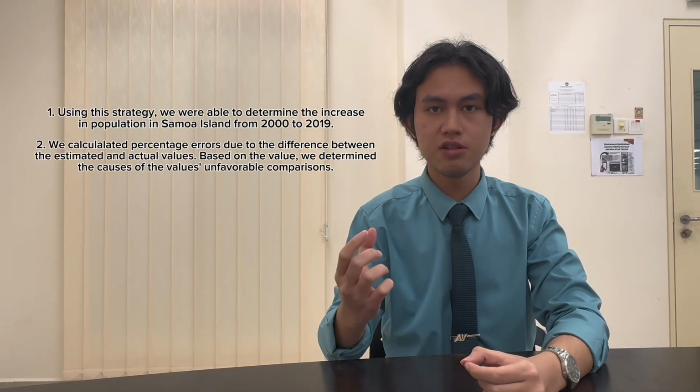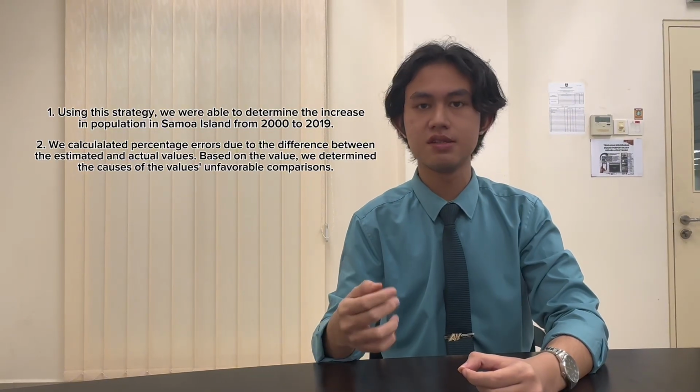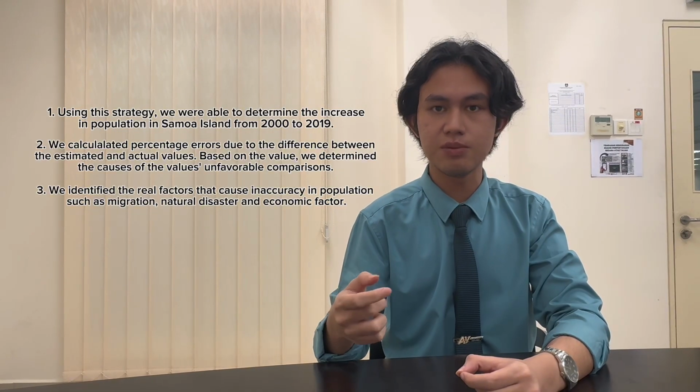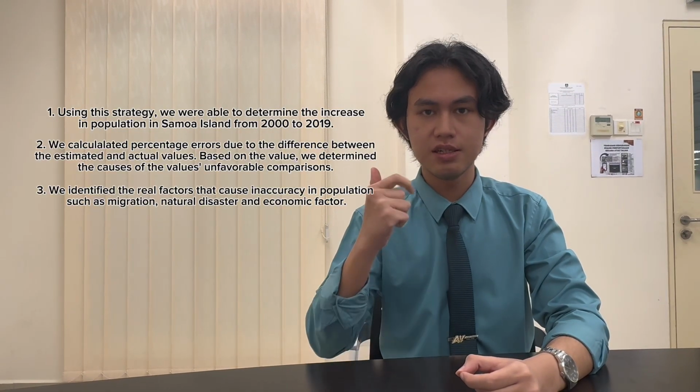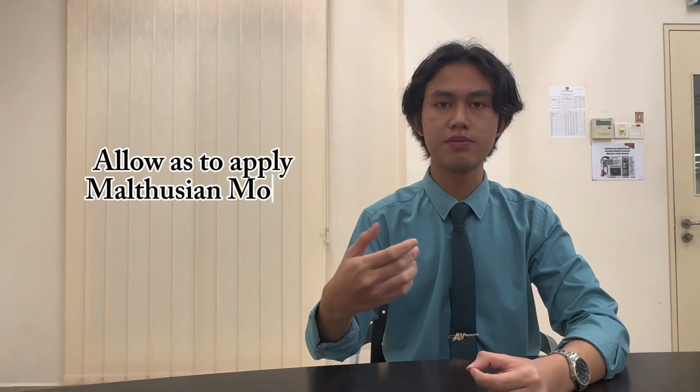Based on the result, we determined the causes of the unfavorable comparisons. We have also identified the real factors that cause inaccuracy in population, such as migration, natural disasters, and economic factor. Overall, the project allows us to apply mathematical techniques, such as the Malthusian model, to solve problems in a realistic manner.